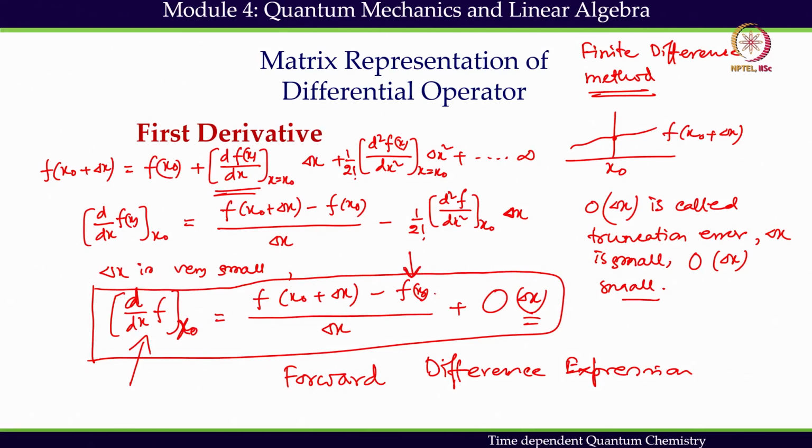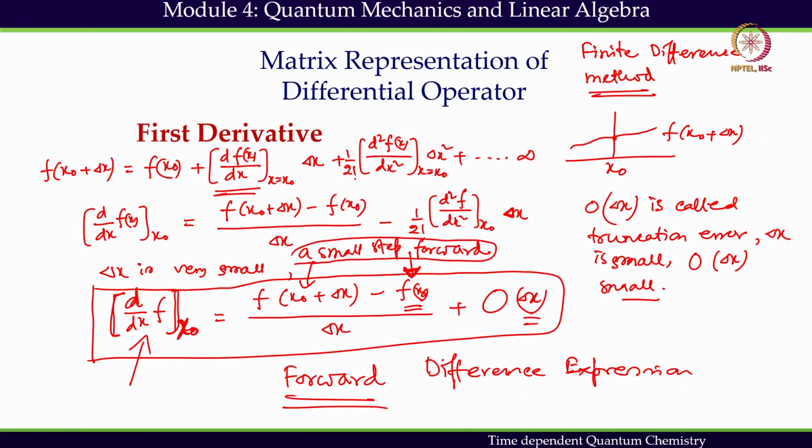In addition to that, I need the function value at a small step forward. Because I would like to find the derivative at x equals 0, I need the function value at x equals 0, plus, in addition to that, the function value at a point a small step forward. That is why it is called the forward difference expression.